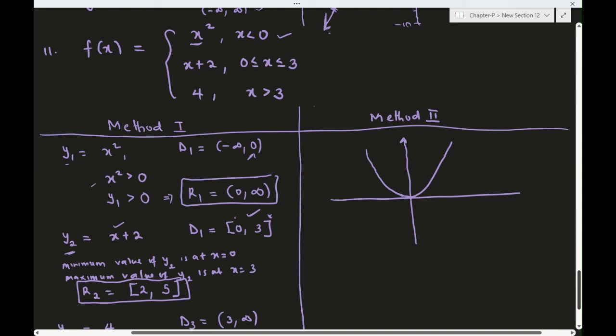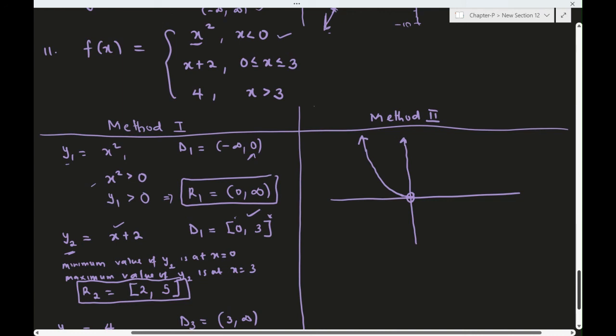Since x is less than 0, you don't need the positive part, so let's remove it, because this part means x is greater than 0. And you can see that there is no equality at x, so we have to open this. This will keep going. So we're done with the first piece.